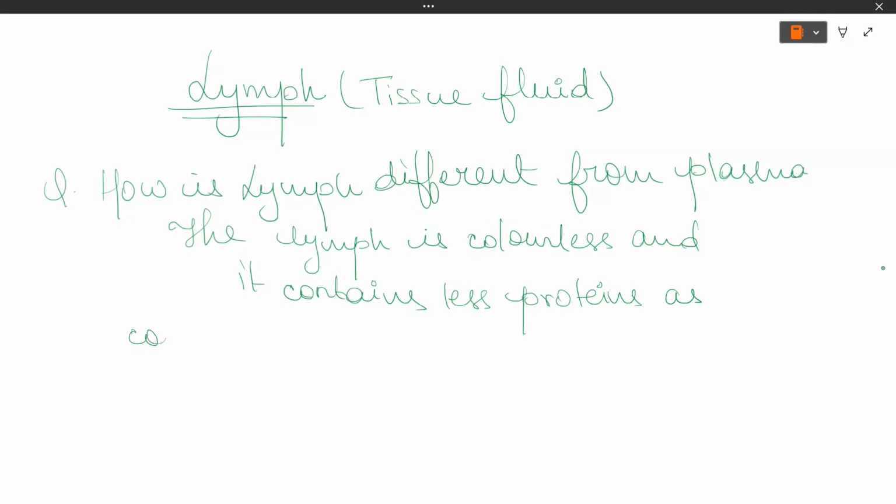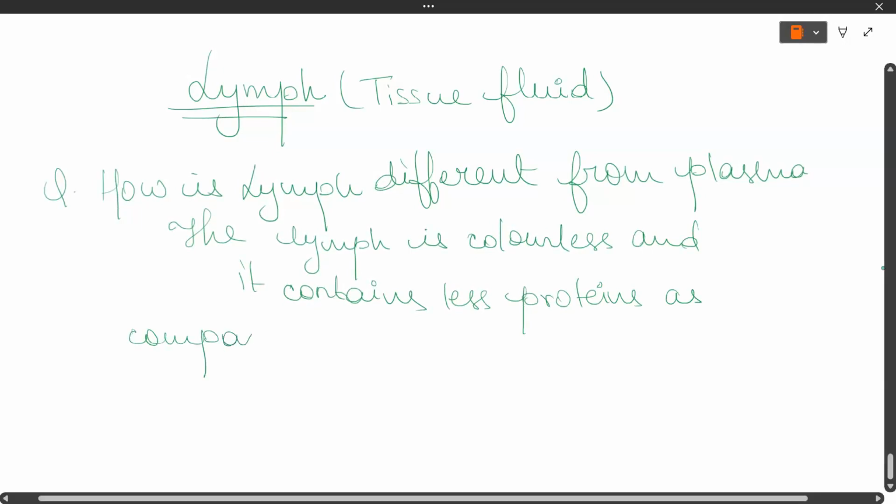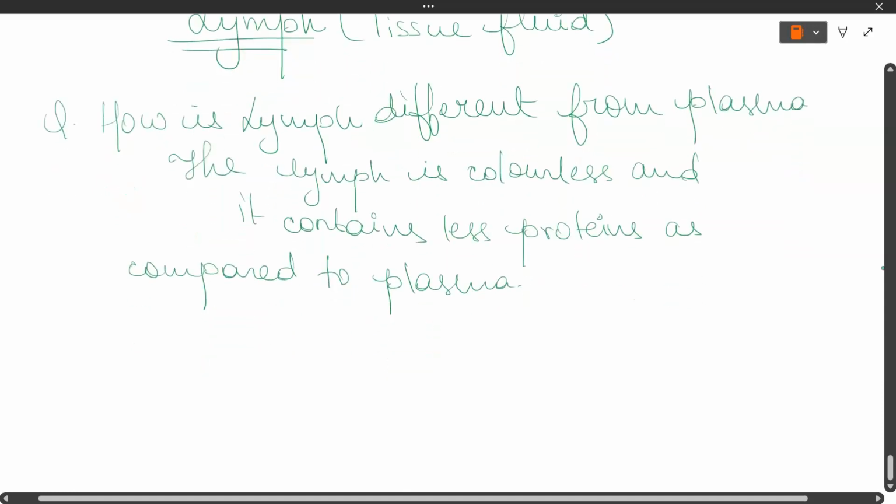So this question can come. You will be prepared that the lymph is colorless and contains a lesser amount of proteins as compared to the plasma.